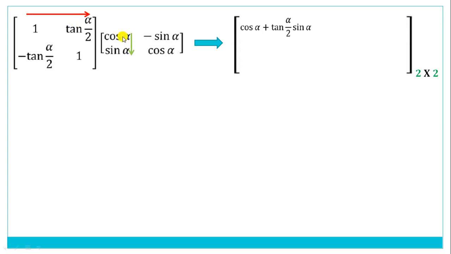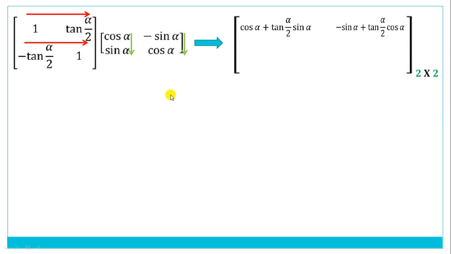So after multiplying first row with the first column, this is what we will get. 1 multiplied by cos alpha plus tan alpha by 2 multiplied by sin alpha. Pretty simple. Now the first row here will be multiplied with the second column here, and this is what we will get. 1 multiplied by minus sin alpha plus tan alpha by 2 multiplied by cos alpha, written here.